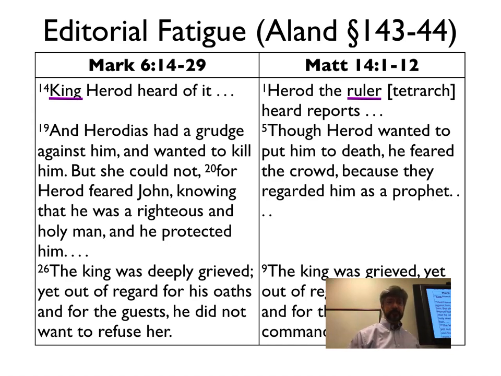Okay? Now, what is the king's response, or Herod's response, in Matthew and Mark? Here he's deeply grieved. Here he's what? Why is he grieved in Matthew? Out of regard for oaths and guests.